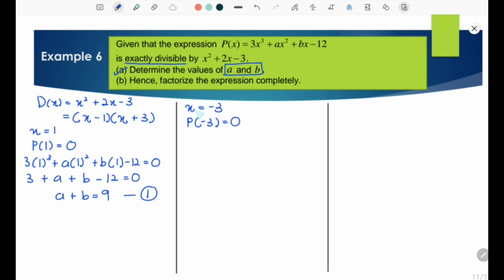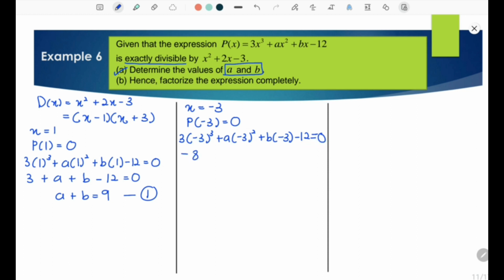Now let's substitute x equal to negative 3 also in this polynomial. We get 3 times negative 3 cubed plus a times negative 3 squared plus b times negative 3 minus 12 equal to 0. Now we're going to simplify this equation.